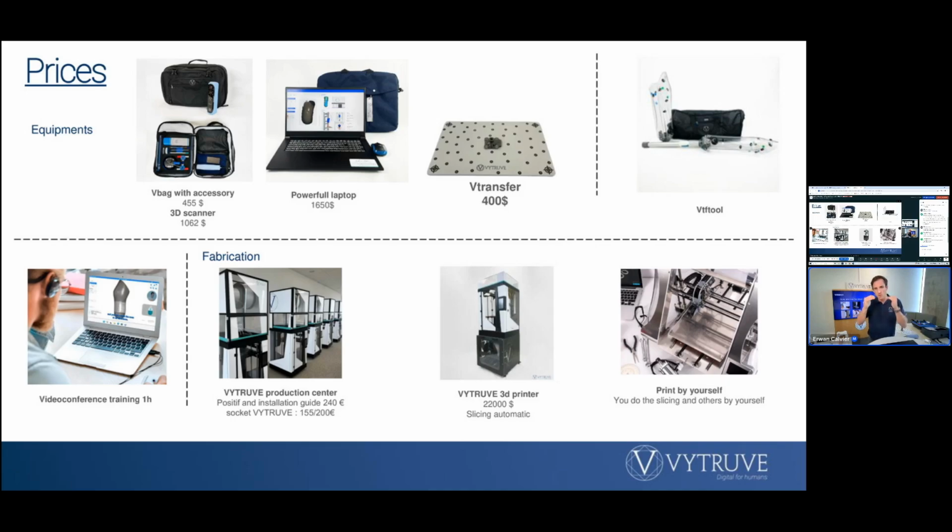With these printers, you can do everything. That's why you have chosen this, because you can print your check socket, your positive and installation guide. It's not necessary to change the rolls every time.